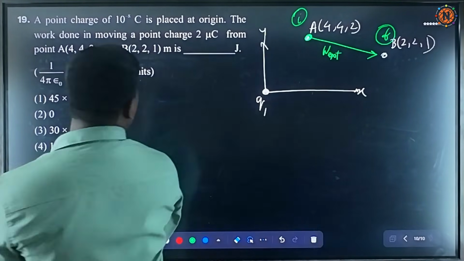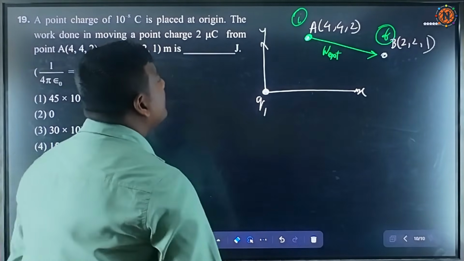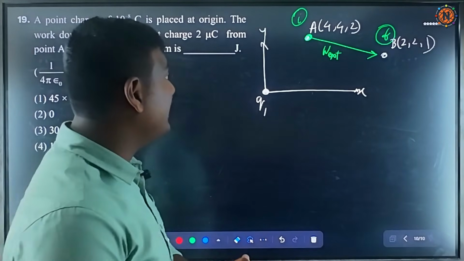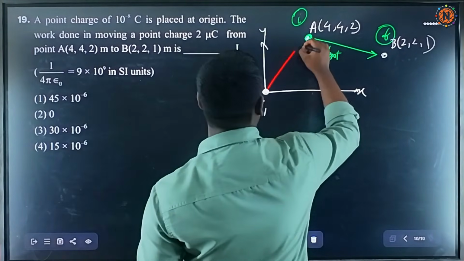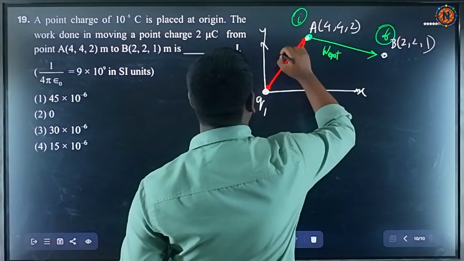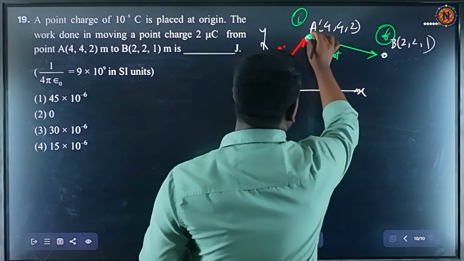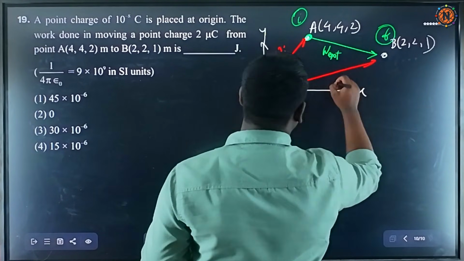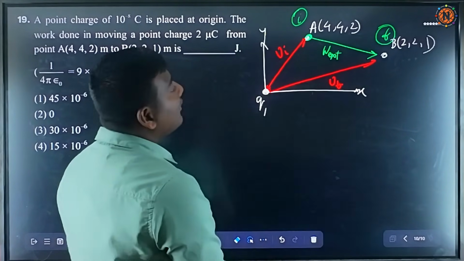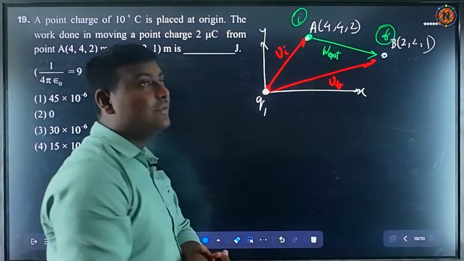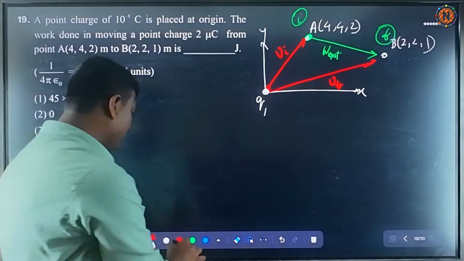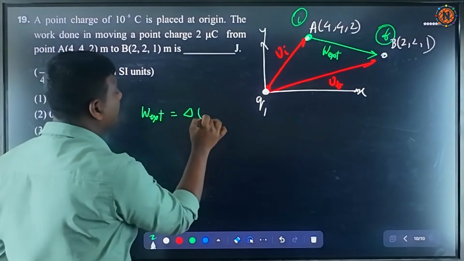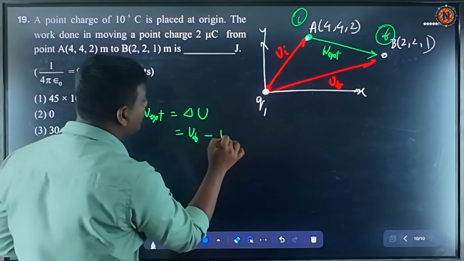So how to do it? If there are two charges, then there will be potential energy between them, yes or no? So we can find the potential energy between them, that will be U initial, and if the charge is moved to the final position, the potential energy between them will be U final, and whatever the difference in the potential energy, that will be the required work done. So we can write that work external is nothing but the change in potential energy, that means U final minus U initial.